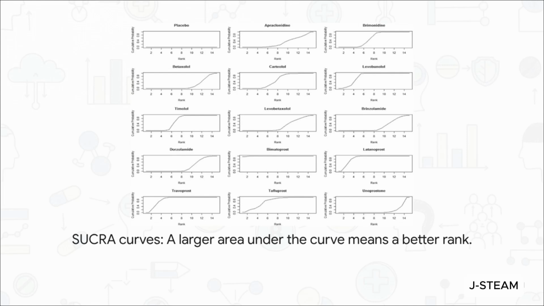A score of 100% means it's almost definitely the best. 0% means it's the worst. It's just a more complete picture than only looking at the number one spot. And as you can see here, our top 3 performers are clearly bimatoprost, latanoprost, and travoprost, with these incredible SUCRA scores near 100%, 87%, and 86%. This gives us a much better sense of that top tier of treatments.